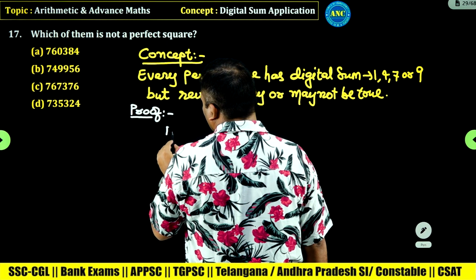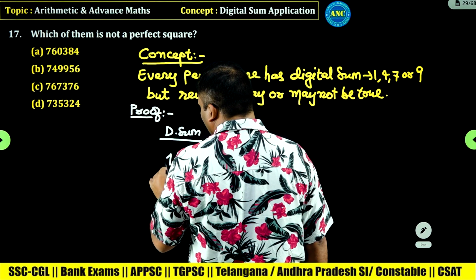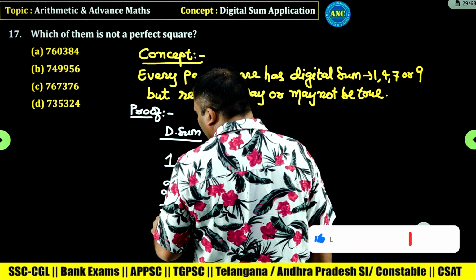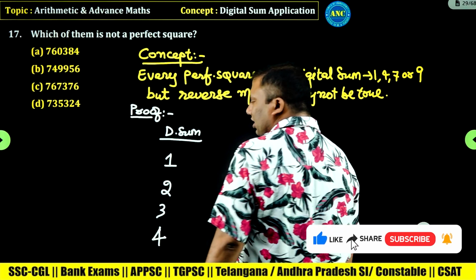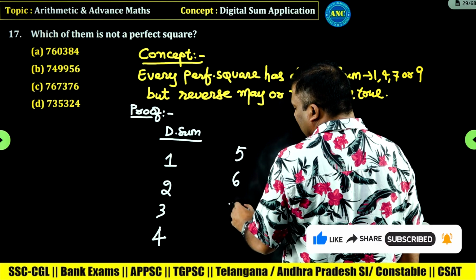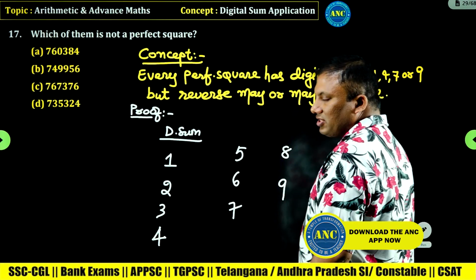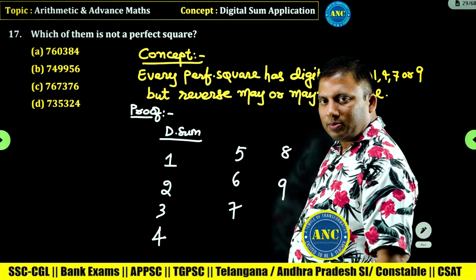Suppose I take all the possible digital sums. Digital sum is defined as the sum of the digits until a single digit is obtained: 1, 2, 3, 4, 5, 6, 7, 8, 9. These are all the possible digital sums. 0 is not possible.